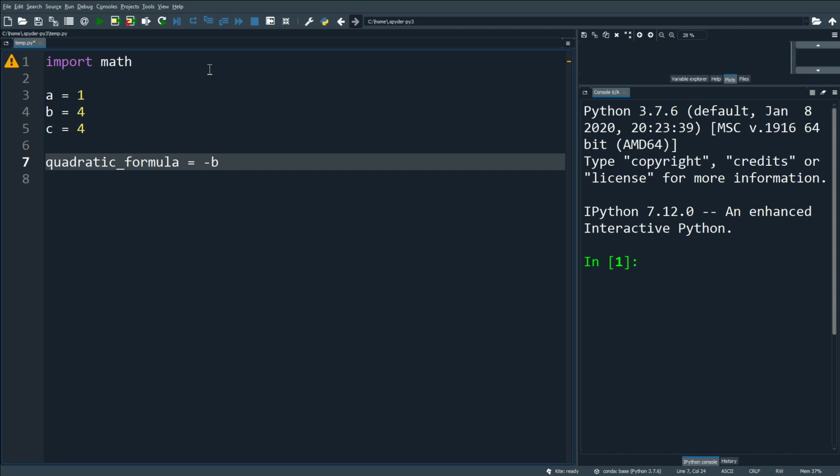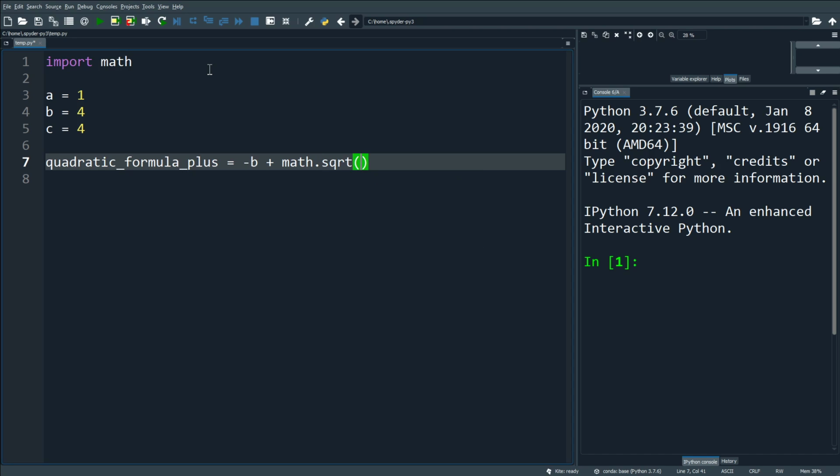Ran into a little problem. So what I could do is say I'm going to make two formulas: quadratic formula plus, and then eventually I'll make quadratic formula minus. So plus the square root. Now in order to do the square root, you can do math dot square root.